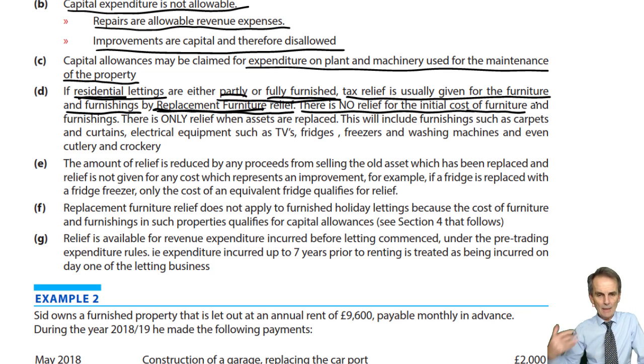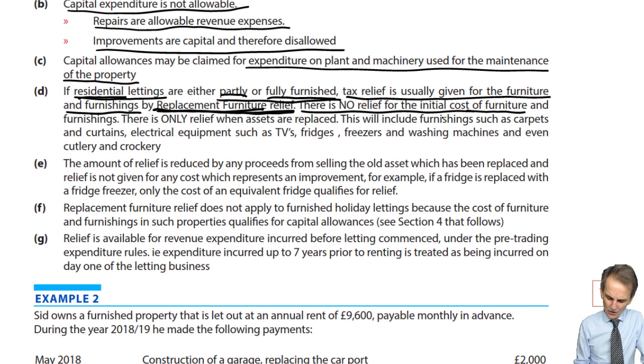So when you initially buy something to go into the property, these might be things like a freezer, a fridge, a washing machine, a cooker. When you buy those items, that initial cost is not an allowable expense against property income, because replacement furniture relief is where we get the allowable expense. So there's no relief for the initial cost of the furniture and furnishings.